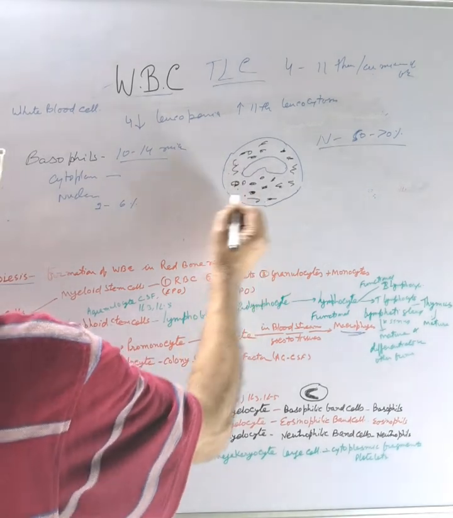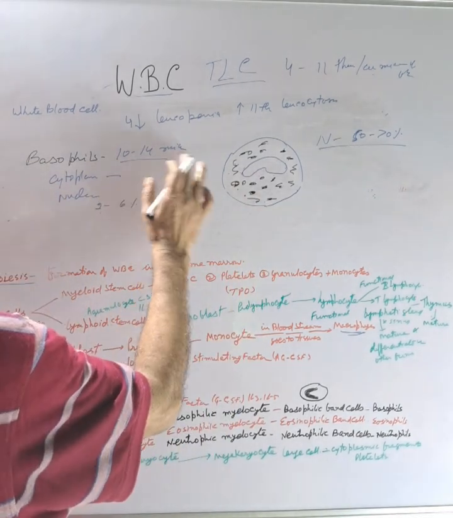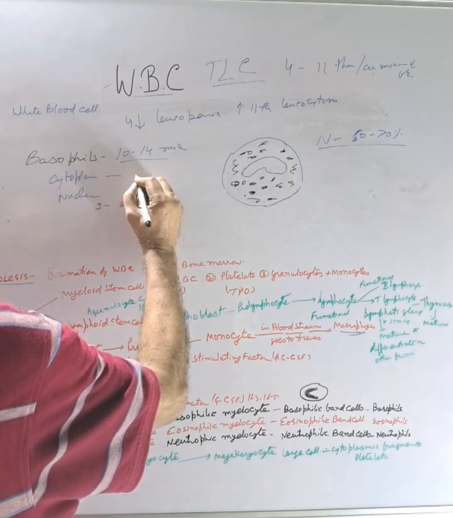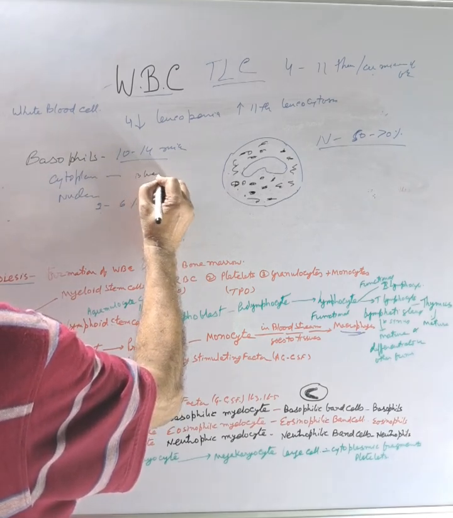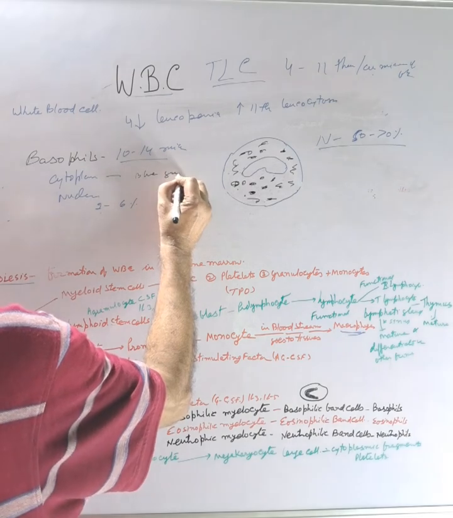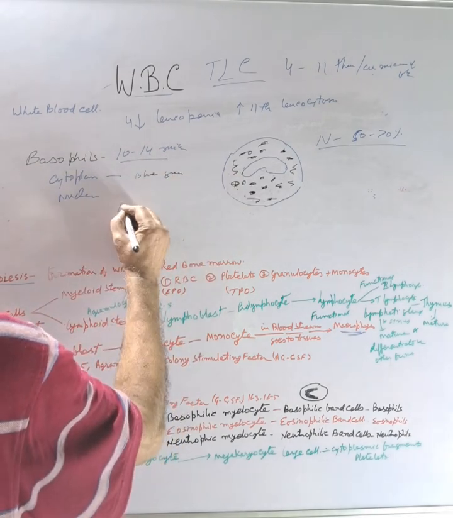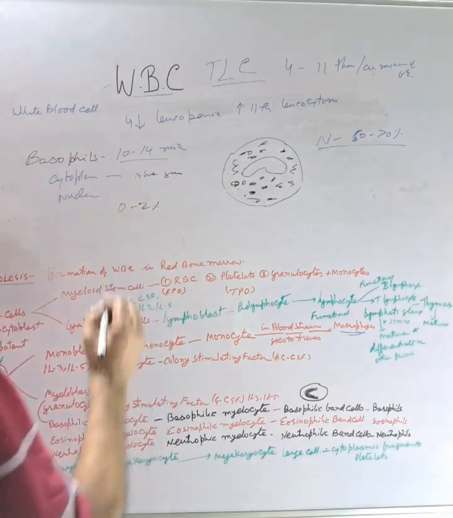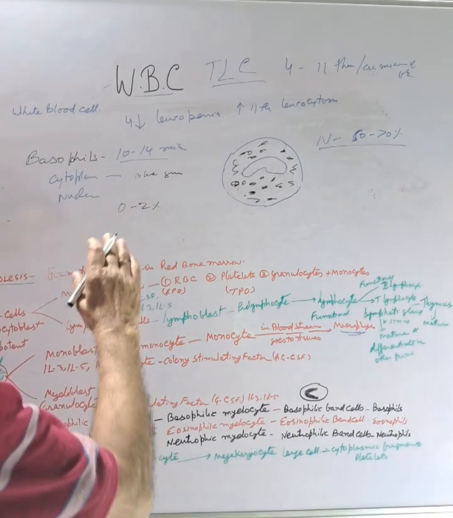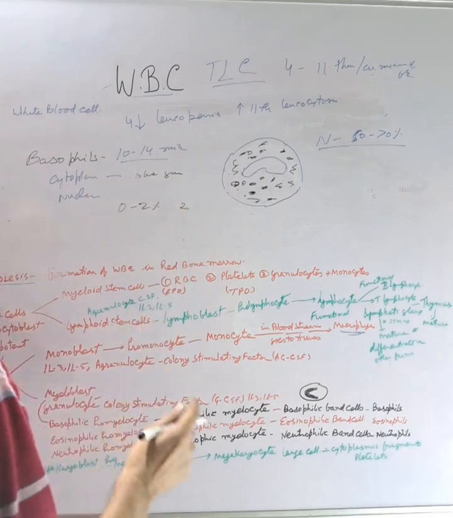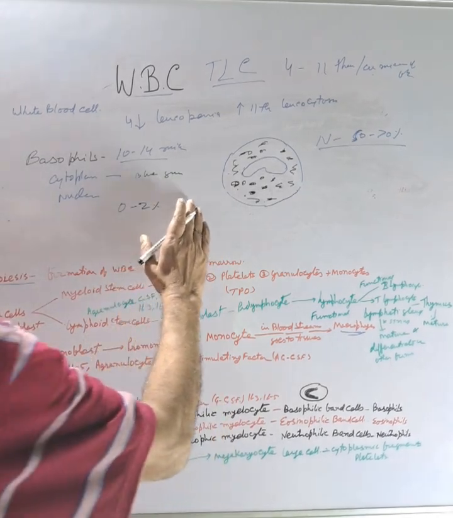This is basophil. Its percentage is 0 to 2%. When it is more than 2%, then it is called basophilia.